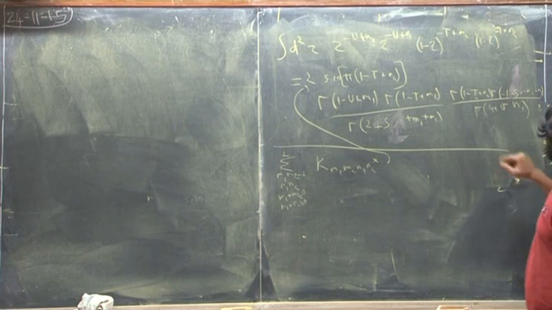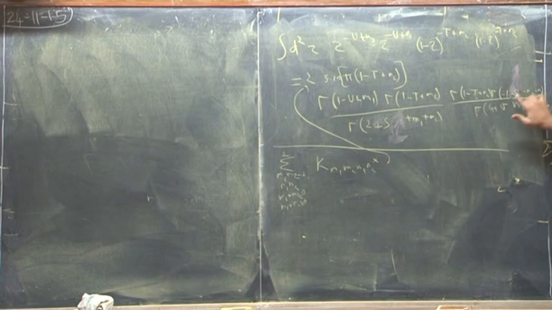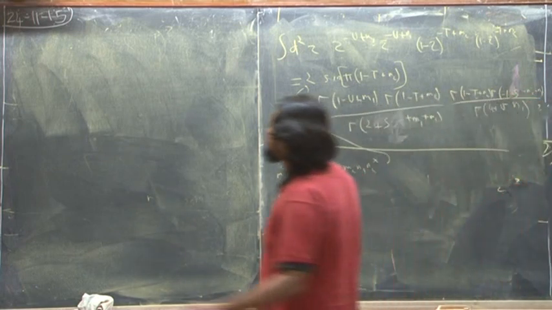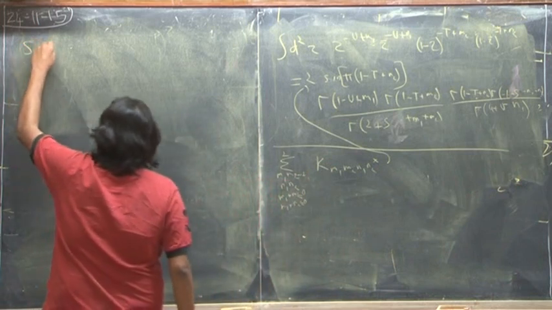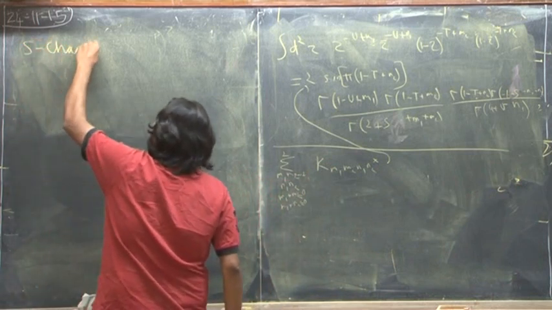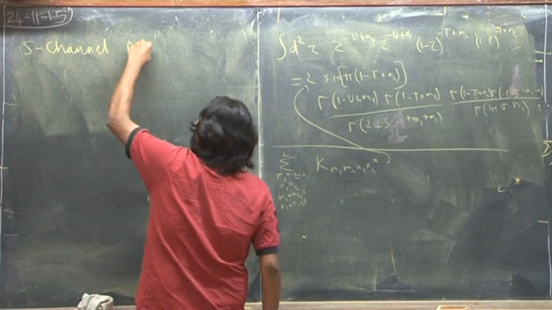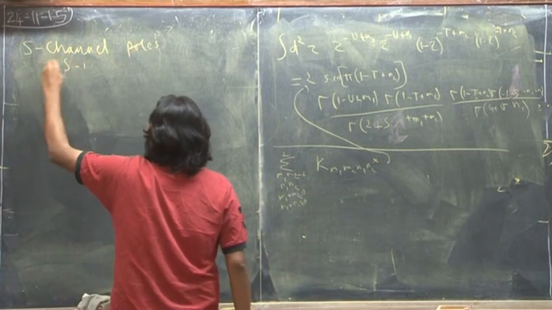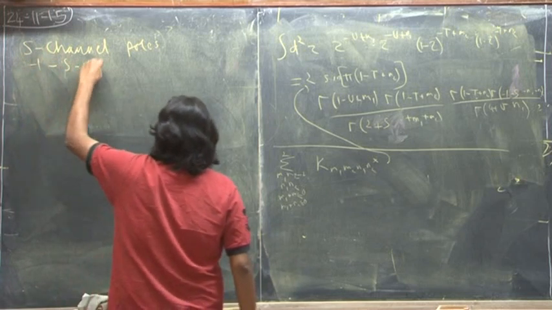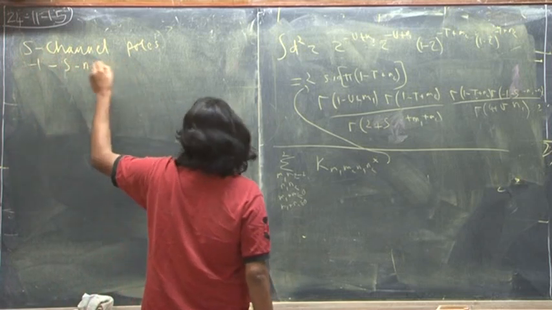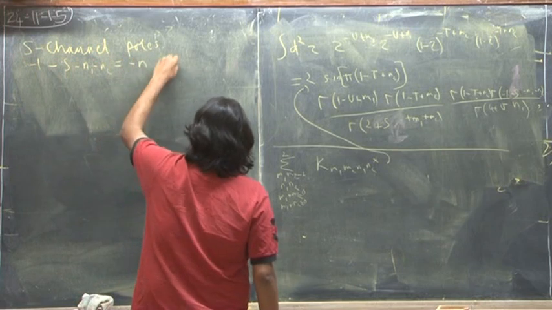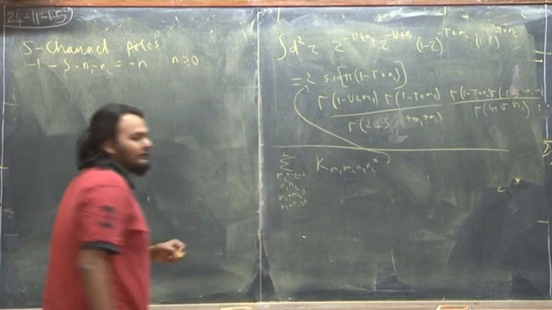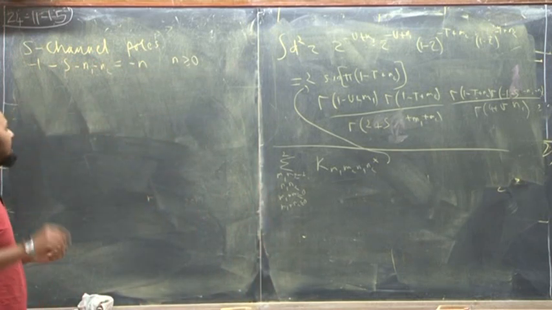Obviously there's one gamma of s in the numerator. Your pole is going to come from there. The S channel poles will come when -1 minus s minus n1 minus n2 equals minus n, where n is greater than or equal to 0. This is the poles of the gamma function.